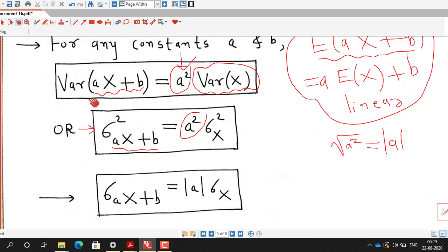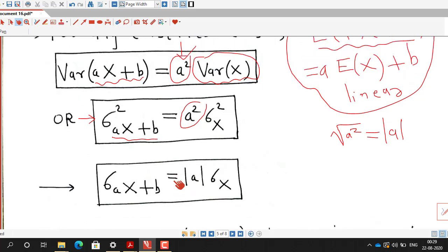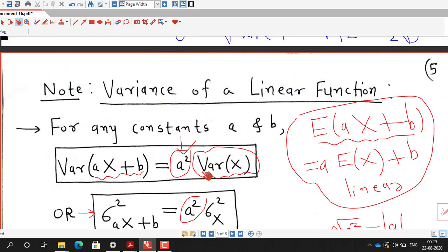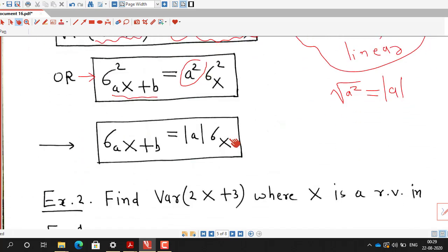Here we are writing absolute value because standard deviation can never be negative because it is a measure of scatteredness. So we can use this formula to find out variance of a linear function.